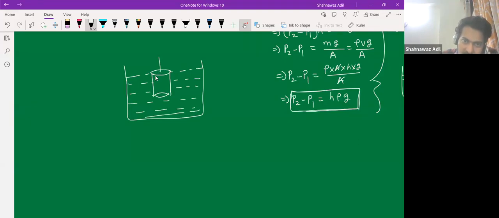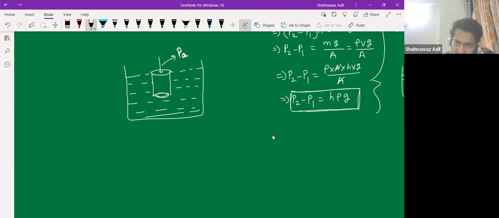Now P1 will become how much? Now this part is in the air. When I keep this thing in the air, this would be atmospheric pressure, right? This is PA, not the Pascal. This is P with subscript A.